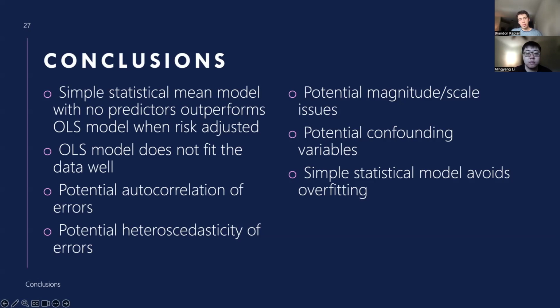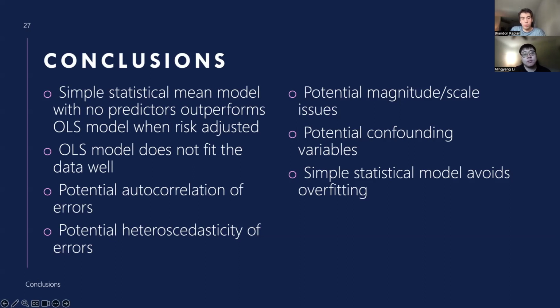One of the things that we thought might help explain this is that there are potential magnitude and scale issues in the actual change of these variables. So we normalized them with the log prices so that they would be closer together, but that doesn't really account for the growth of these prices as well.